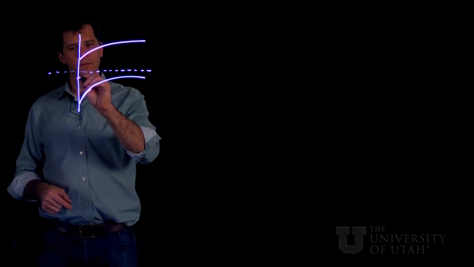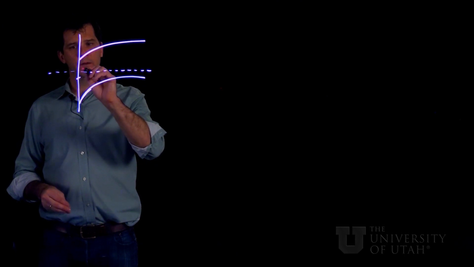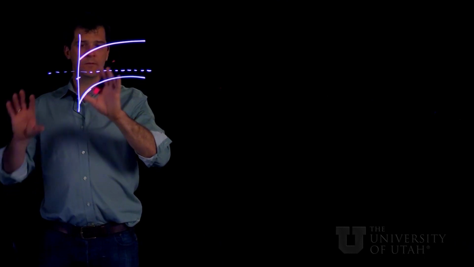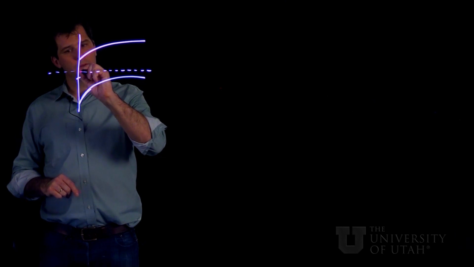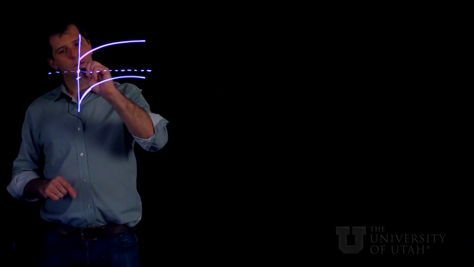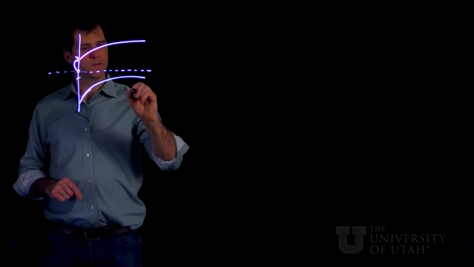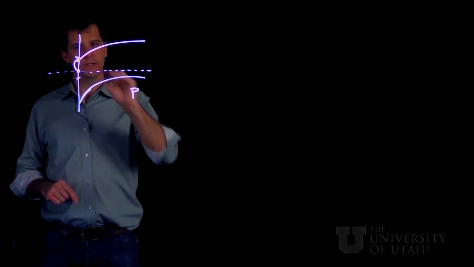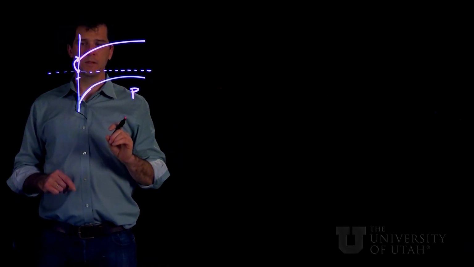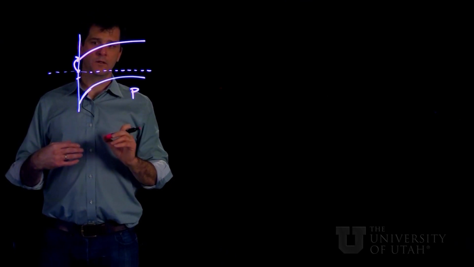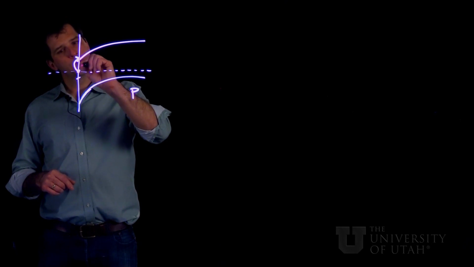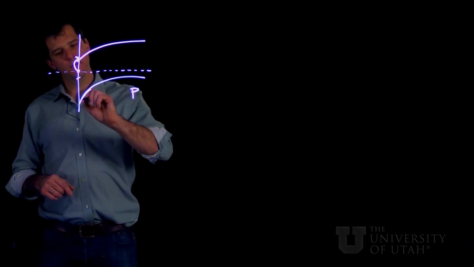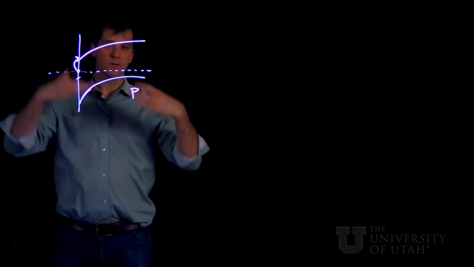So what we want to think about here is a case where we've applied some voltage, or maybe we're even in the no voltage applied state, but the Fermi level is closer to the conduction band. So we have a P-body, N-channel enhancement mode MOSFET as our model here. We're closer to the conduction band than we are to the valence band, but we're still below threshold.